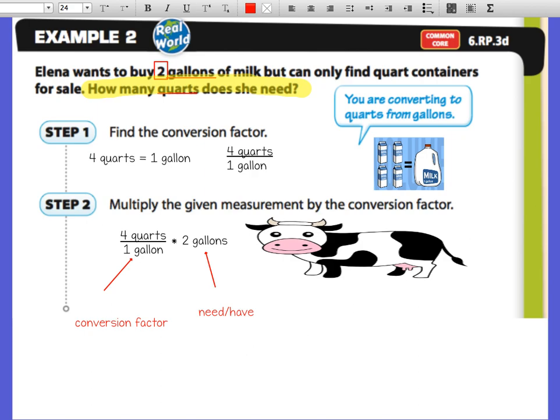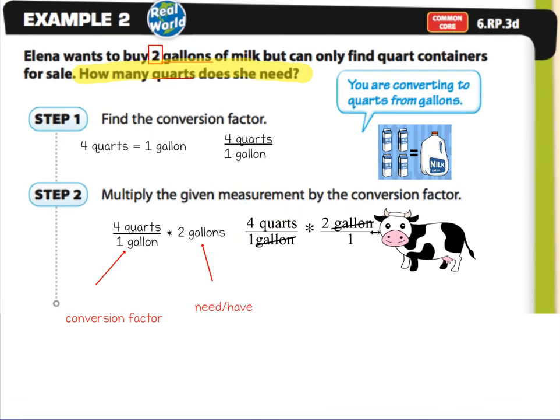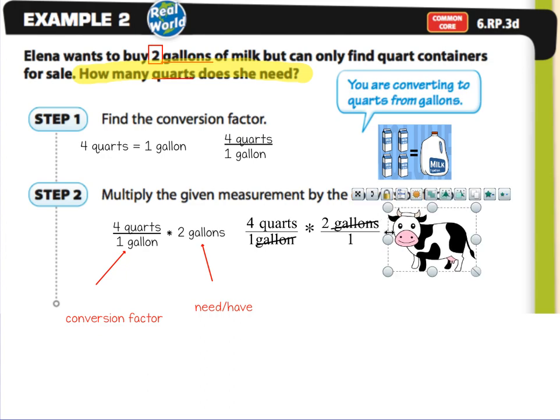But now what's going to happen is when I multiply, I have 4 quarts over a gallon times 2 gallons. And remember, since I'm multiplying fractions, that whole number has to go over 1. 1 is not going to have a label though, okay? It's just over 1 because it has to be made into an improper fraction. Gallons and gallons cancel each other out because one is on top and one is on bottom.